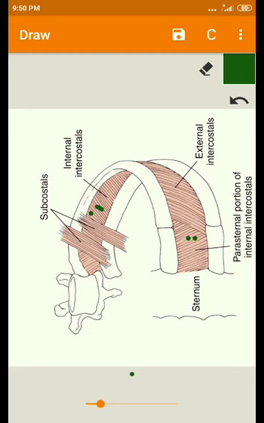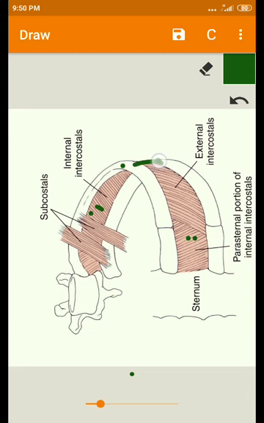So at the lateral aspect, the muscle fiber orientation of the two muscles, the internal and external intercostalis, lie approximately at right angles to each other on the lateral side.